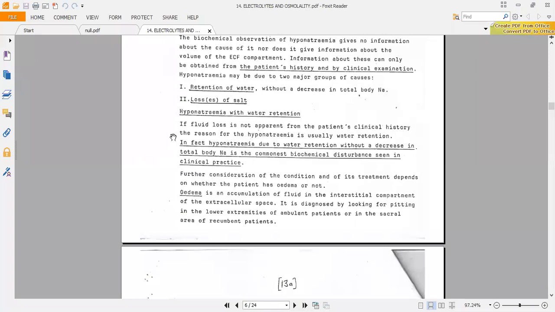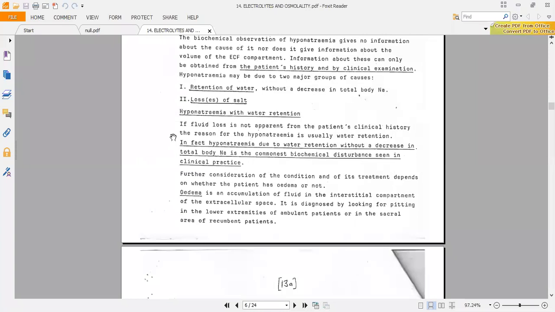So maybe you can use your medial malleolus, okay? And when you press your skin against it, you notice that it will come up. But those with edema, when you press it, you realize that you get a depression over there, which is called pitting. Okay, so this is how we check for edema clinically.